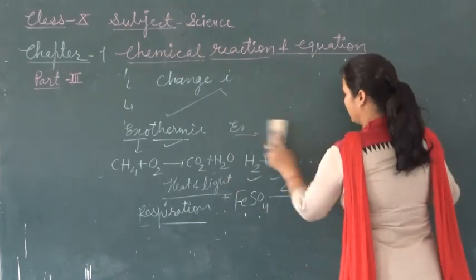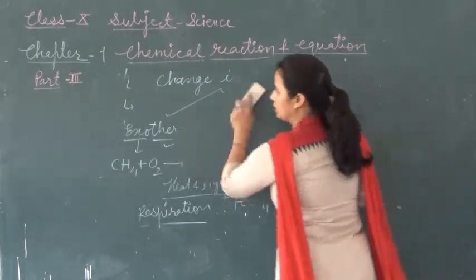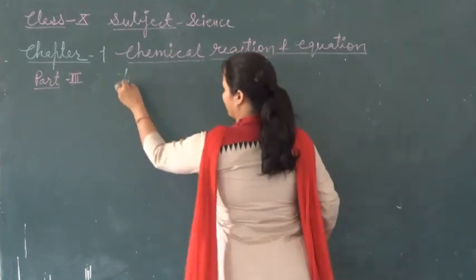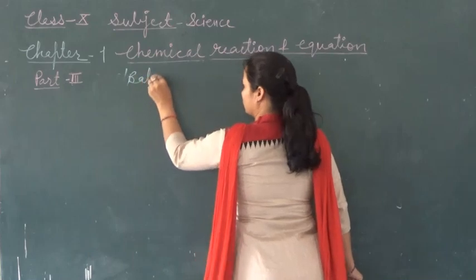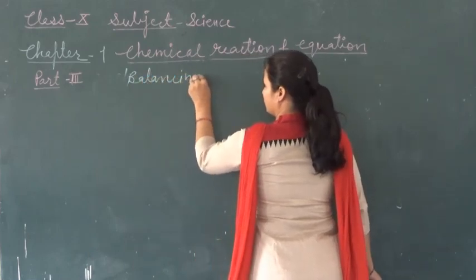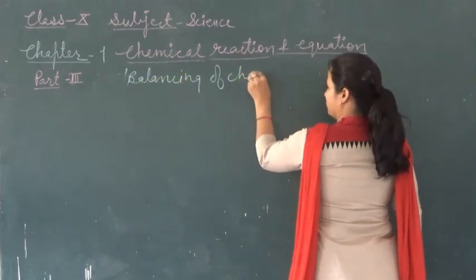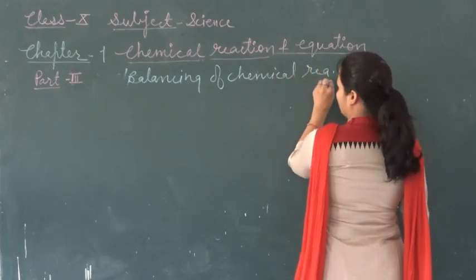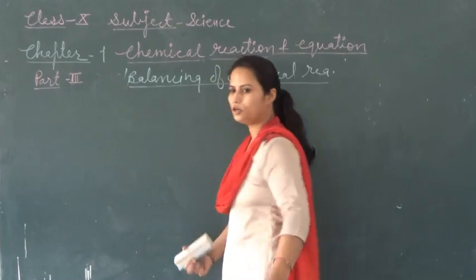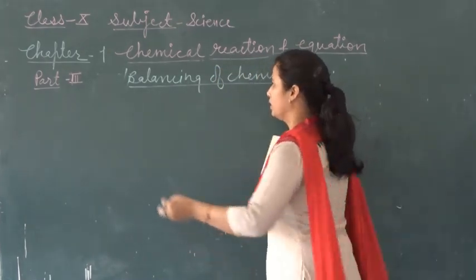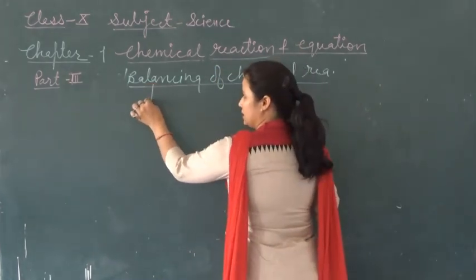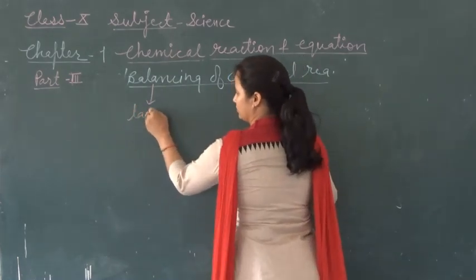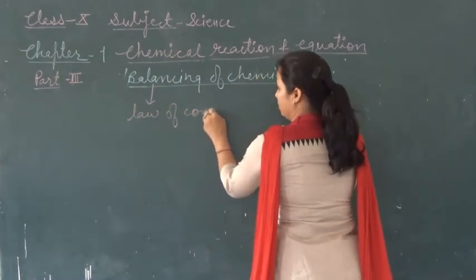Now we start how to balance the chemical reaction. Balancing of a chemical reaction: the main principle of balancing a chemical reaction is the law of conservation of mass.